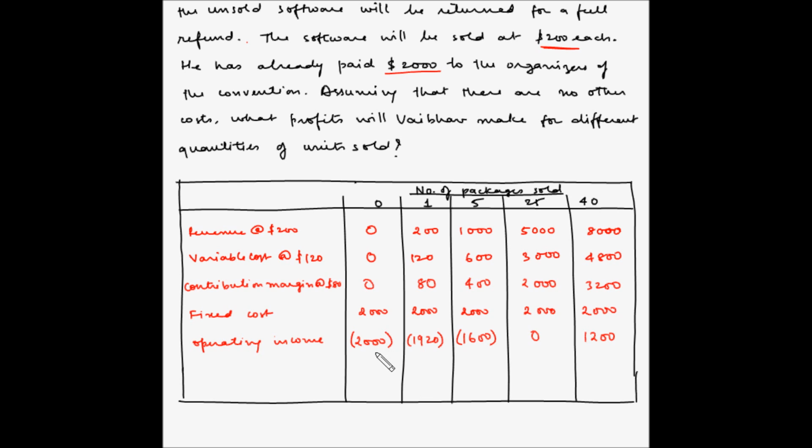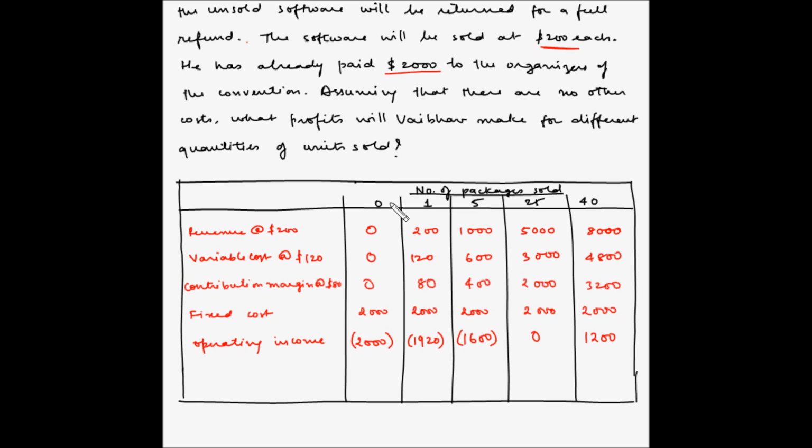So what this means is that till 25 units are sold, Vaibhav is not going to make any profit. And after 25 units, each unit will then contribute to profits, and at 40 units, the profit will be $1,200.